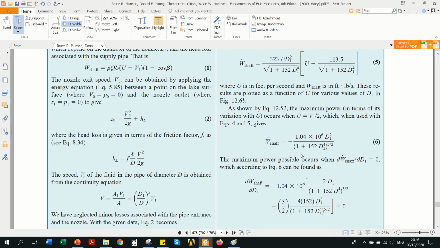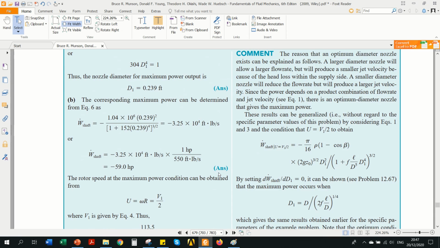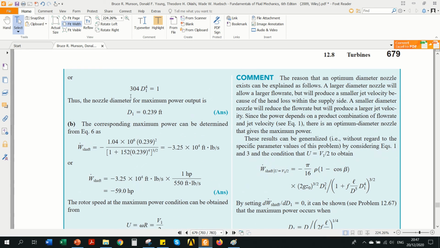Maximum power is possible when we apply the differential of the shaft power with respect to the diameter and equate it to 0. So now this equation will end up looking like this: 304 D1 to the power 4 is equal to 1.